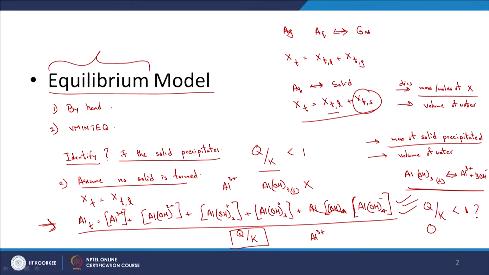But if you calculate that Q by K is greater than 1, what does that mean? That means the solution is saturated, and most probably your solid can be formed or will be formed, and thus I am going to have to solve for a different case. So again, let us list them out here. After solving it the previous way, if Q by K is less than 1, what does it mean?